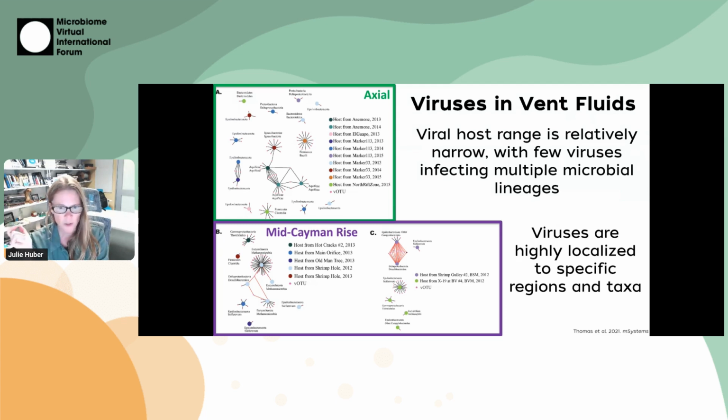There are, of course, a few exceptions where we see a virus infecting multiple hosts, as up here, for example, although these are all within the same phyla or class, I'm not sure. But there just aren't a lot of generalist viruses out there in this vent ecosystem.